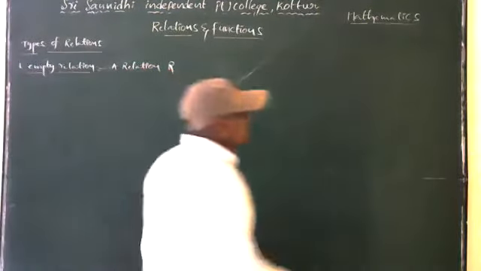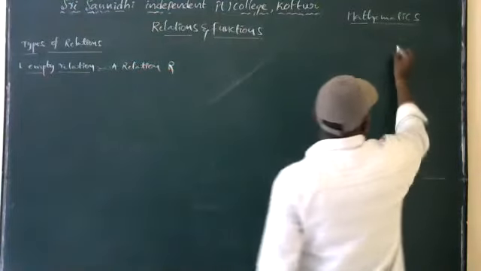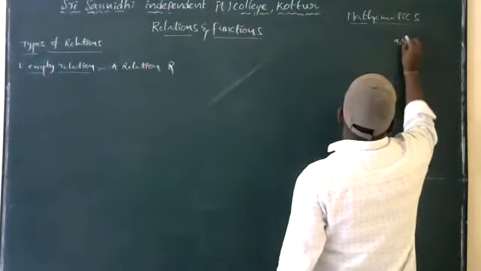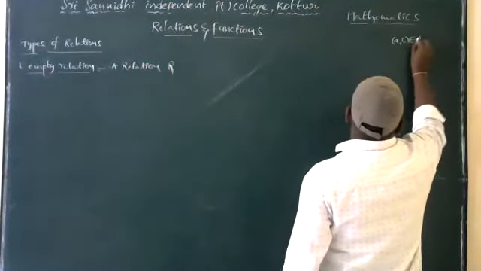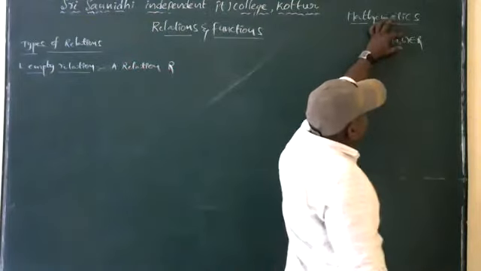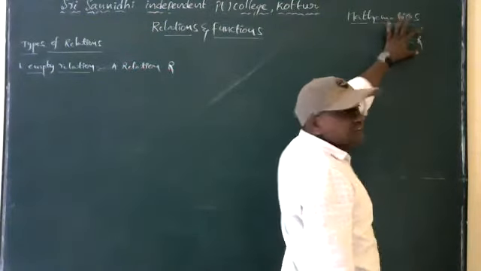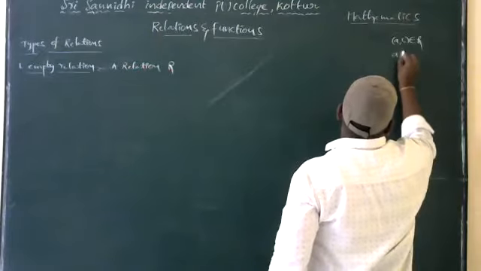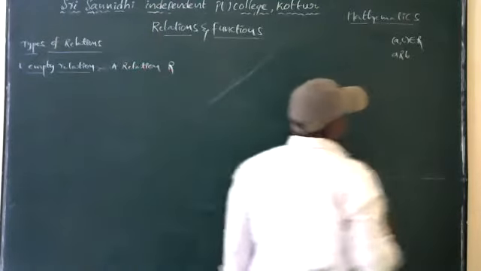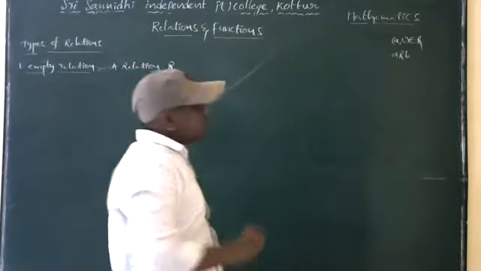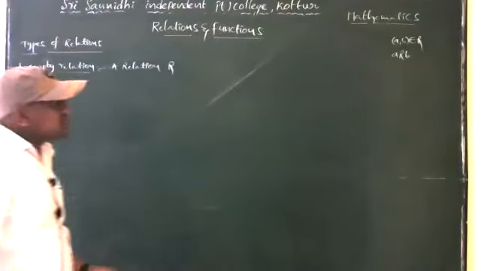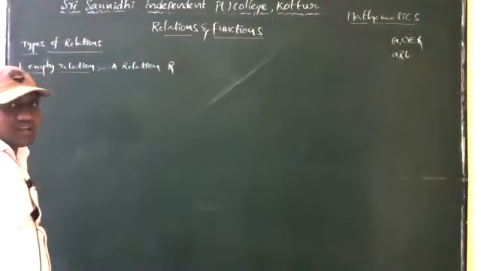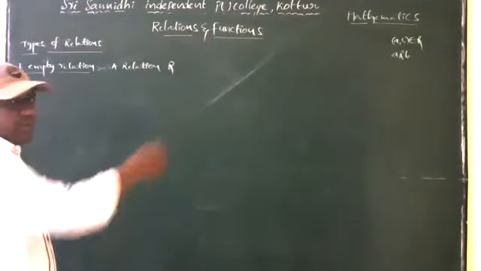We define relations for any two sets. For example, (a, b) belongs to relation R. Sometimes we represent it like this: this ordered pair belongs to the relation. Or otherwise, this ordered pair we can represent as a R b, a related to b.